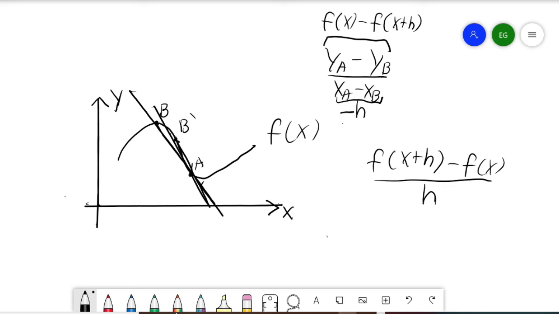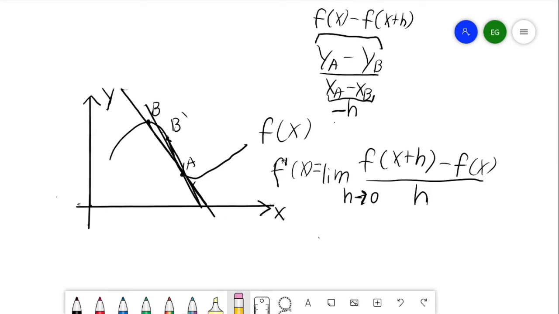Now, h here approaches 0. So we can write this for any h, but we can't say that h is equal to 0, because then we'll get 0 over 0. So what we will do, like we said, is let h approach 0 and take a limit, which I hope you're familiar with. And that is what we got. The limit as h approaches 0 of f of x plus h minus f of x all over h.